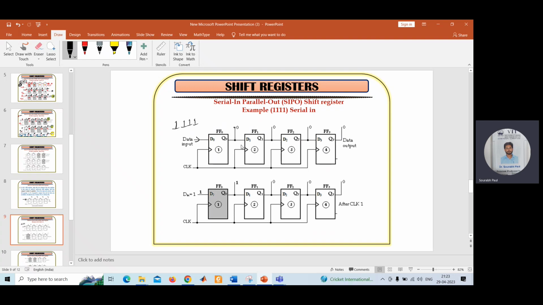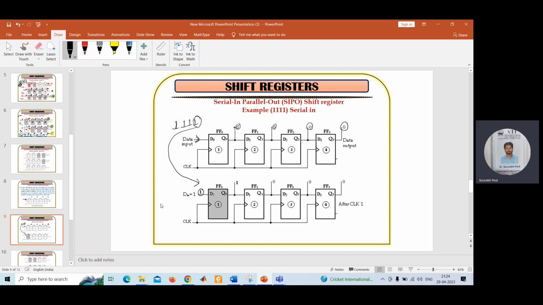Initially we can consider these flip-flops are in reset state, meaning all the outputs are 0. Q0 is 0, Q1 is 0, Q2 is 0, Q3 is 0. So all these 4 outputs we are considering 0, and we are applying the first bit of data, that is the LSB, in the input terminal of this shift register.